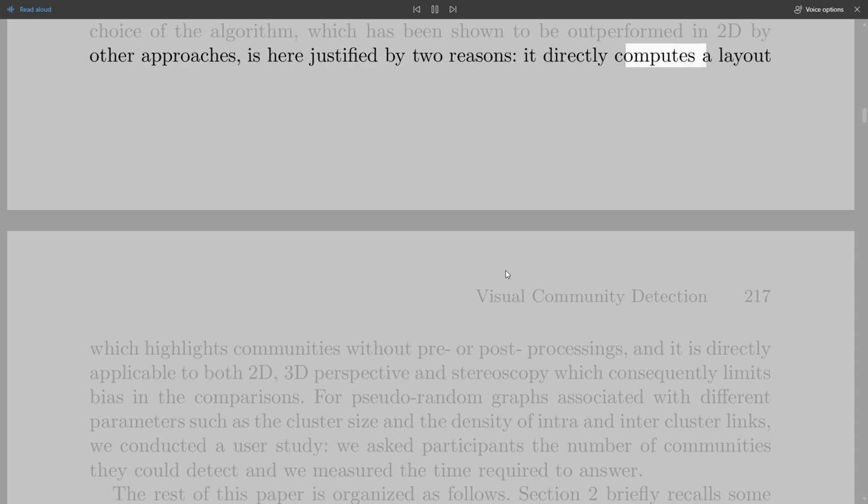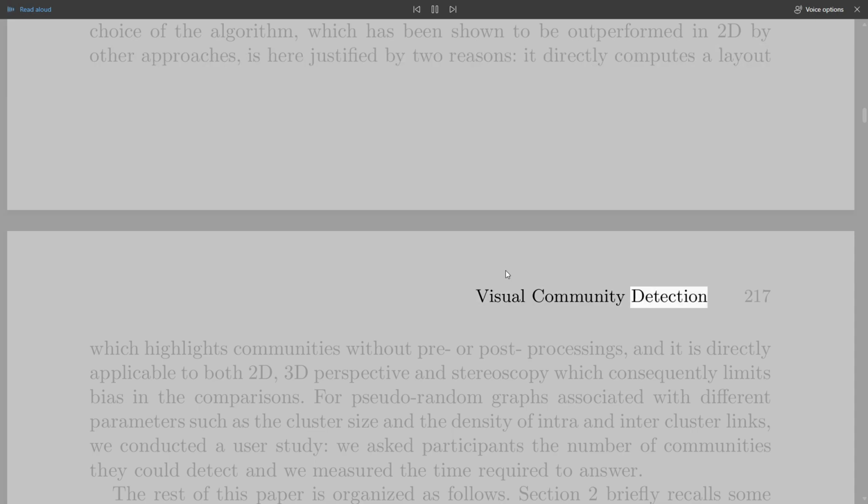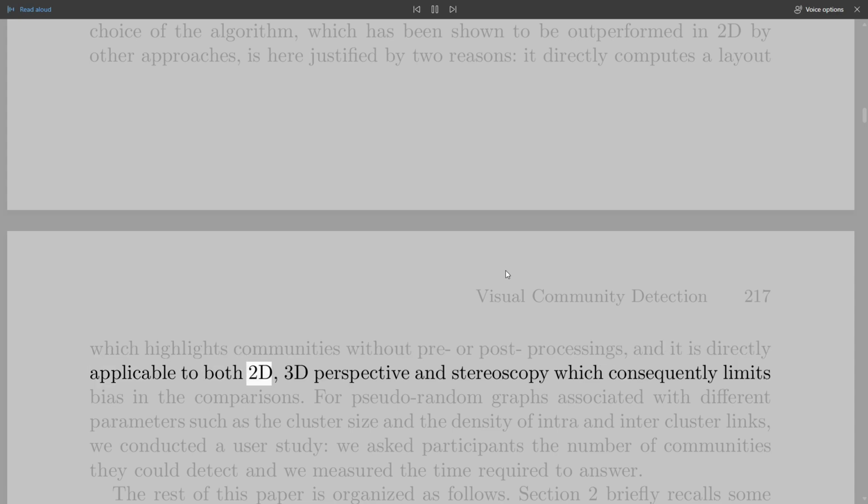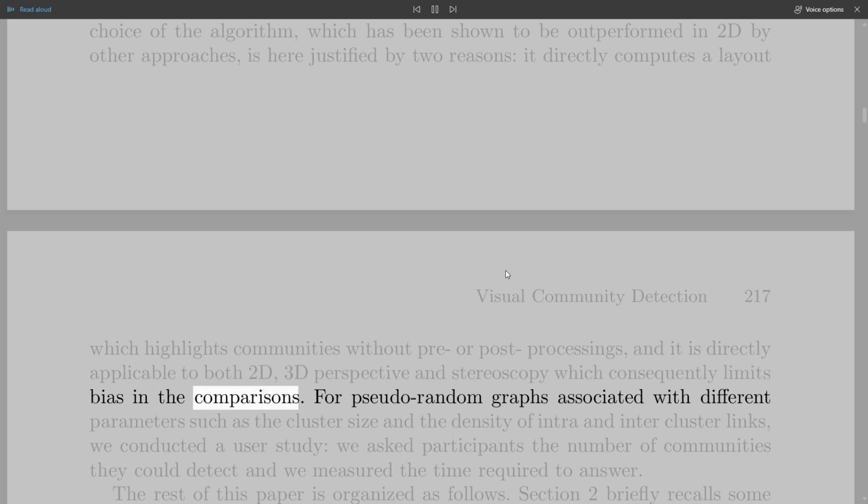It directly computes a layout, and it highlights communities without pre- or post-processings, and it is directly applicable to both 2D, 3D perspective and stereoscopy, which consequently limits bias in the comparisons.